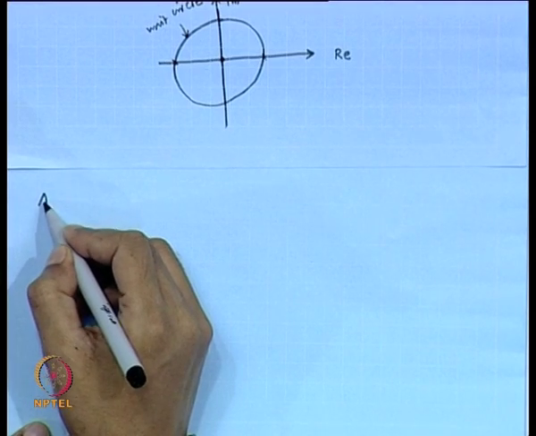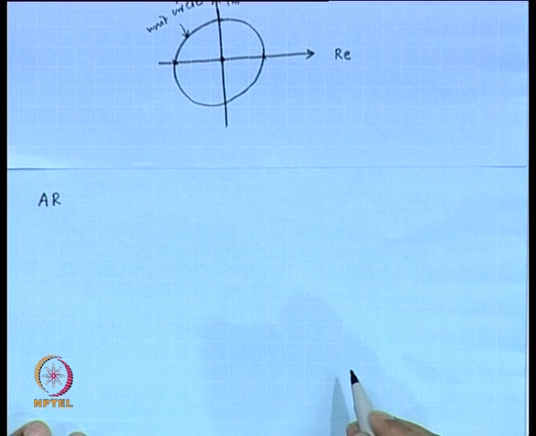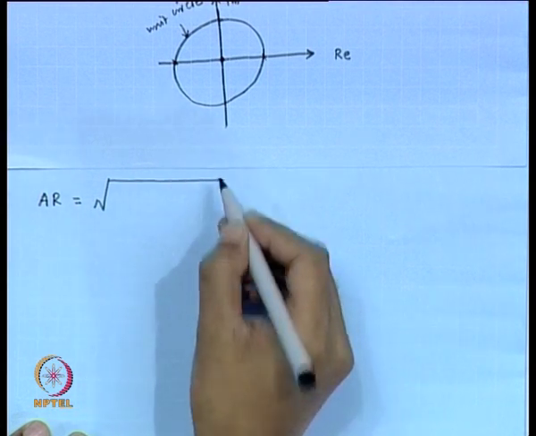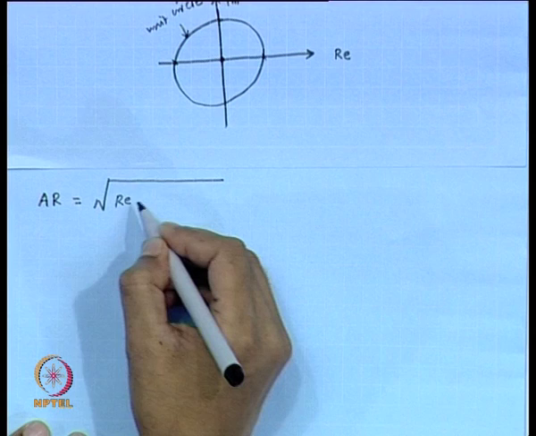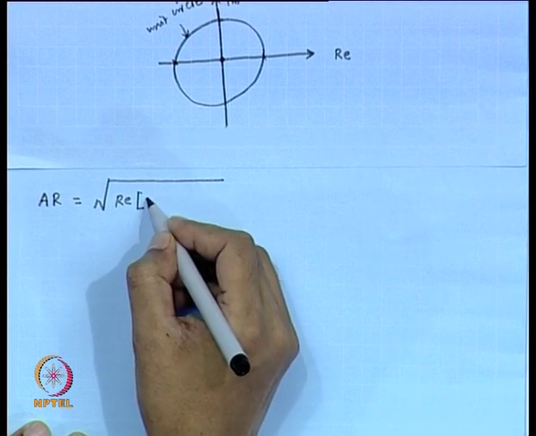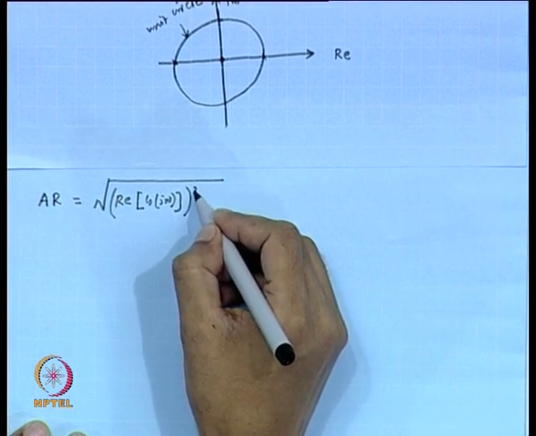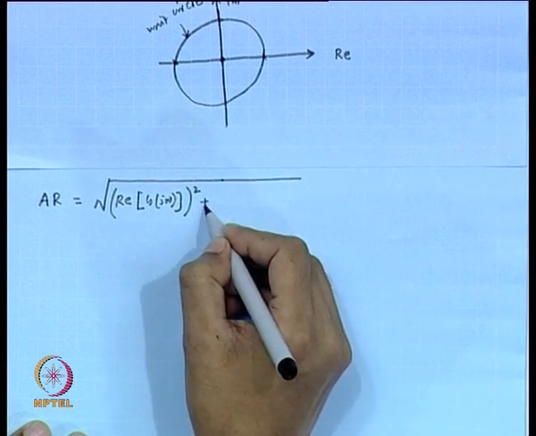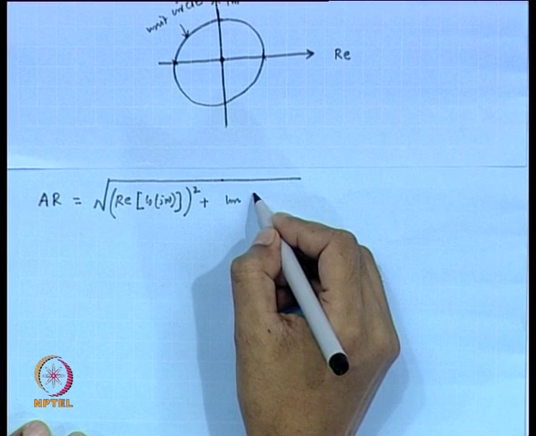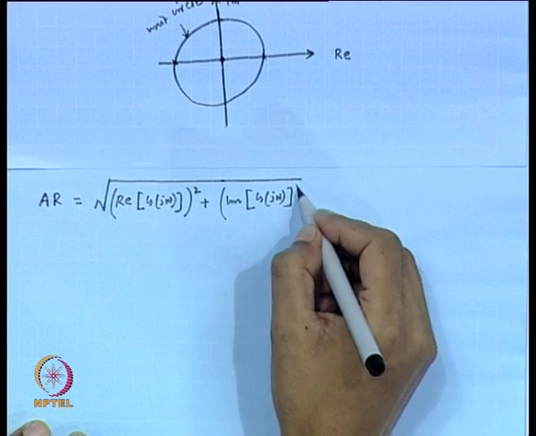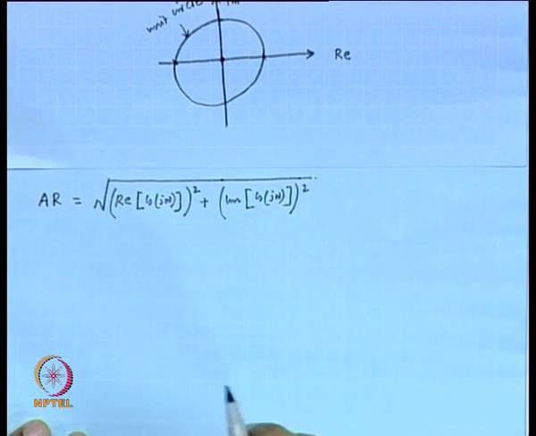Now, from the frequency response transfer function, we can write the expression for amplitude ratio. Amplitude ratio is the square root of the real part squared plus imaginary part squared.